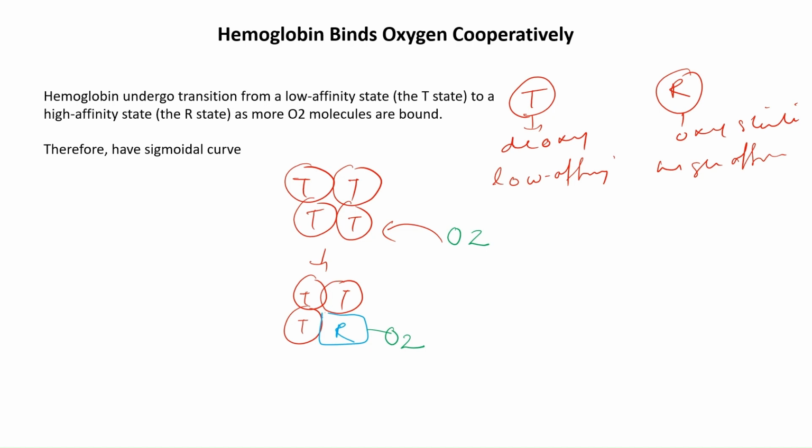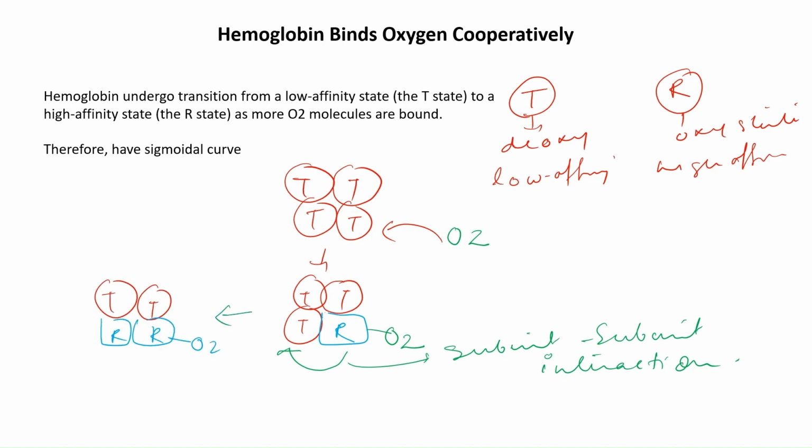Now, as soon as the T state converts into the R state in one subunit, the message will be communicated from the transformed subunit to the subunit which is still in the T state. This message is communicated through subunit-subunit interaction. As the message is communicated, this subunit will convert into the R state, and because of this, the binding of the second oxygen molecule will be with higher affinity compared to the first one.